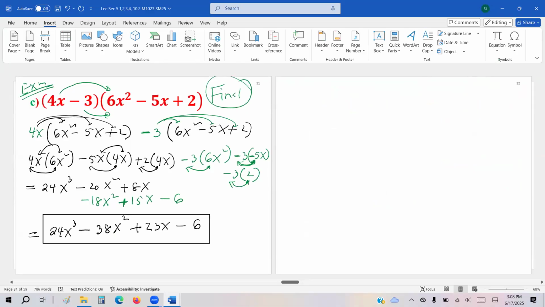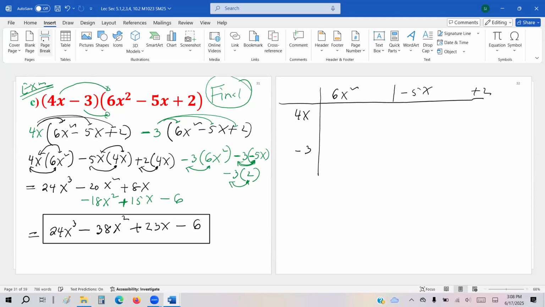So we have 4x and -3, and then you have 6x squared minus 5x plus 2.